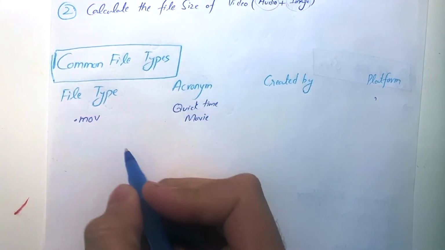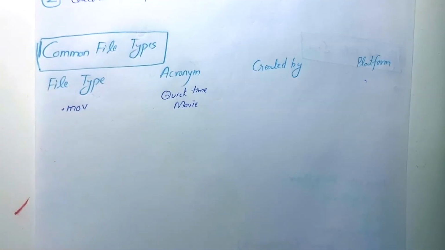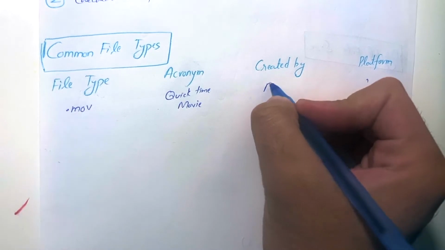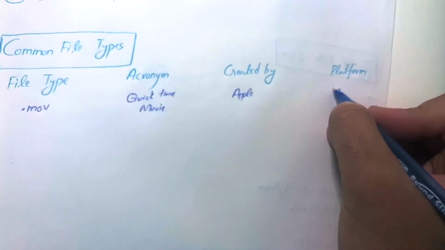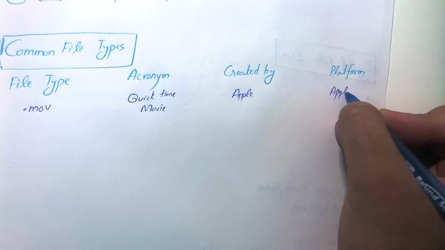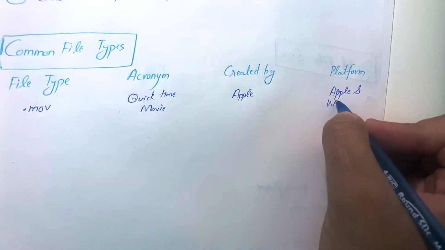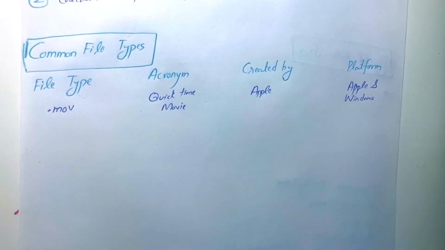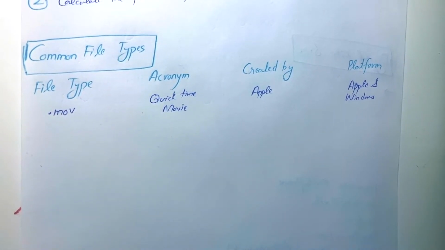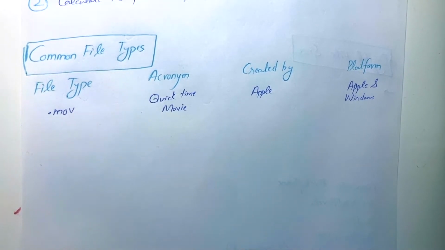So this particular file type and all the features of this .mov were created by Apple. And it works really well with Apple machines, like if you have a MacBook, and Windows as well. For Windows, you need to install the QuickTime Movie Player. That's what you need to do in order to watch these kinds of videos on Windows.